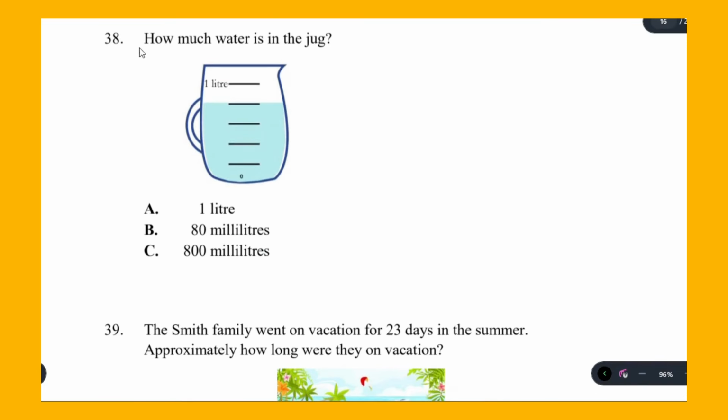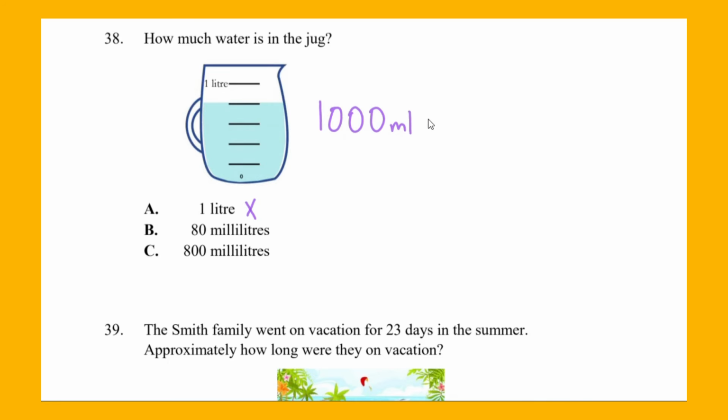Question 38. How much water is in the jug? Now, if we look at the reading at the top, we will see that it is 1 liter. So, option A could not be the answer because the jug is not full. How about 80 milliliters or 800 milliliters? Now, we know that 1000 milliliters make a liter.